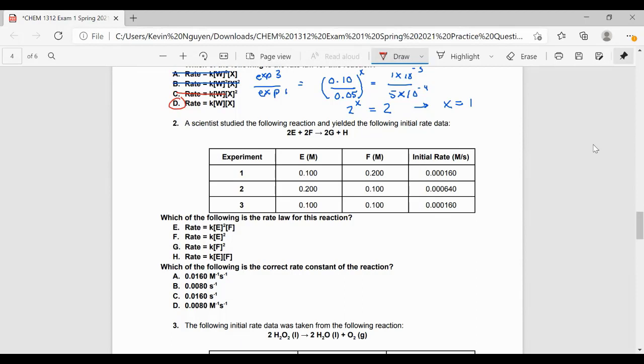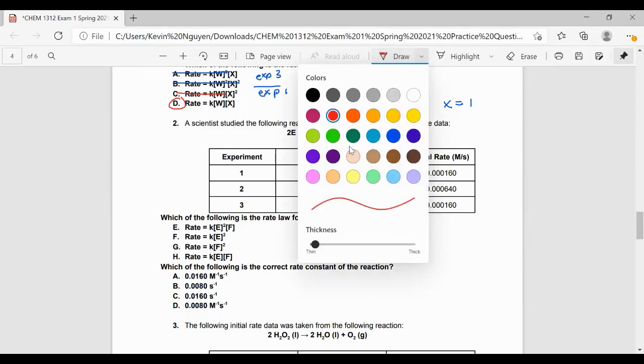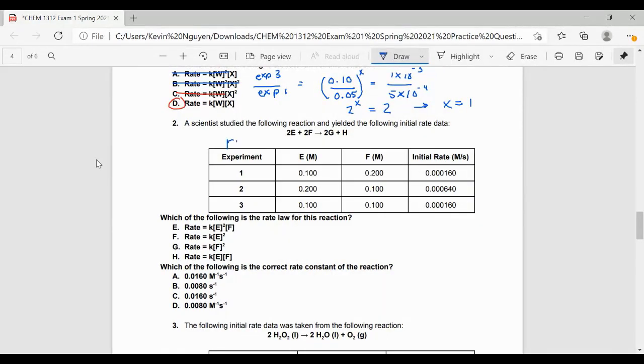So let's go ahead and write out a tentative rate law. So we have rate is going to be equal to K E to the X power, and then F to the Y power.